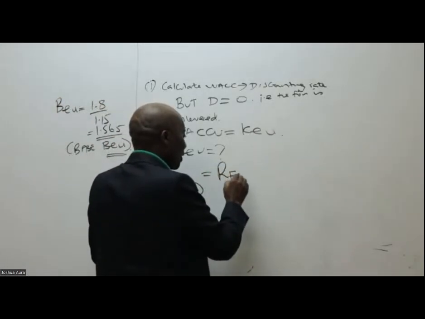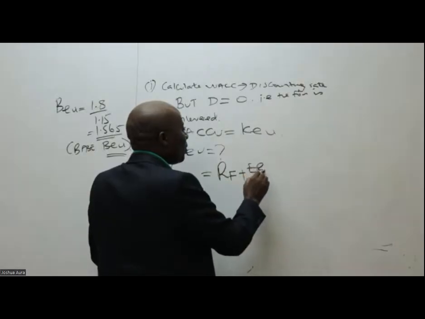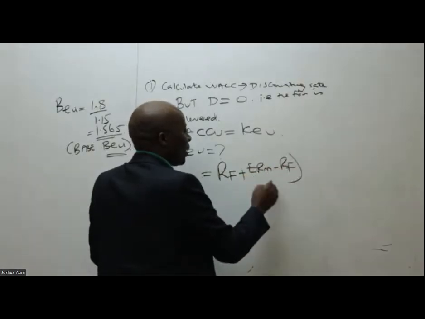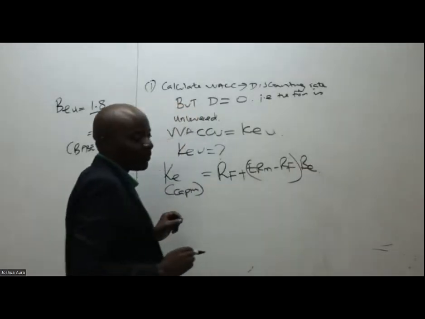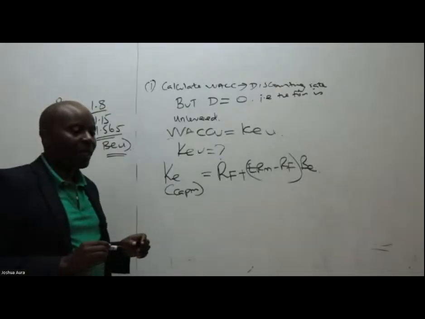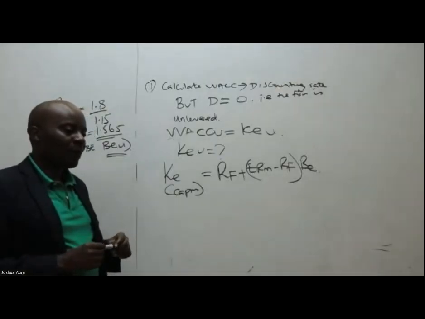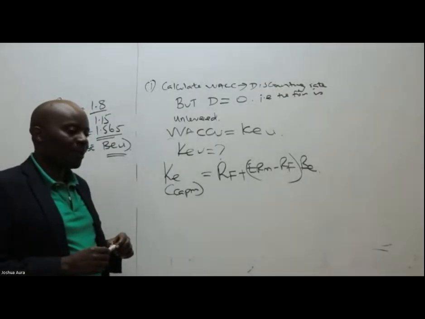CAPM will be equal to risk-free plus expected return of the market minus risk-free, multiplied by what here, somebody? Beta equity. Multiplied by beta equity.